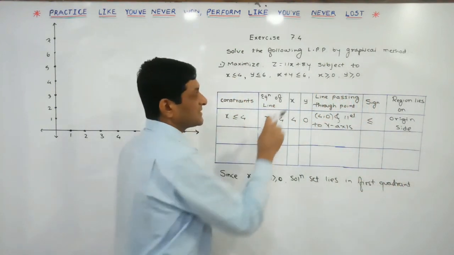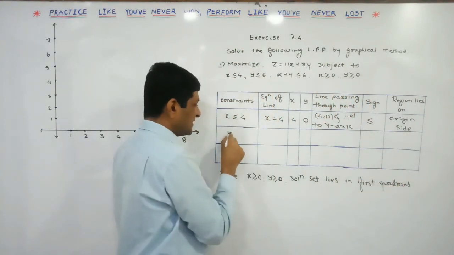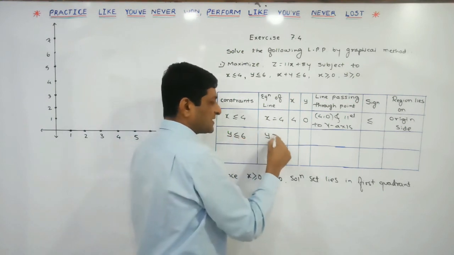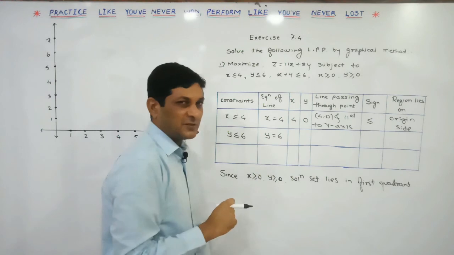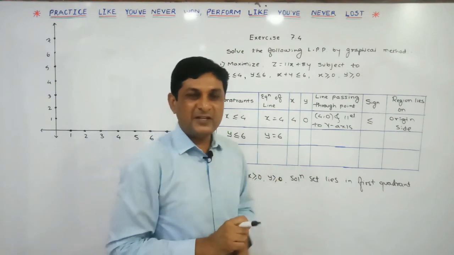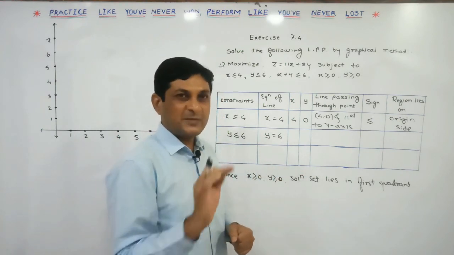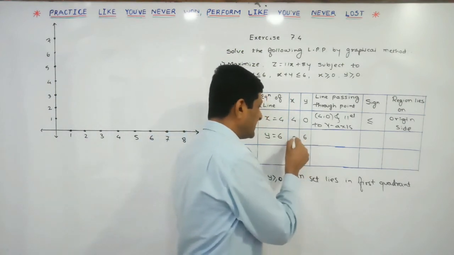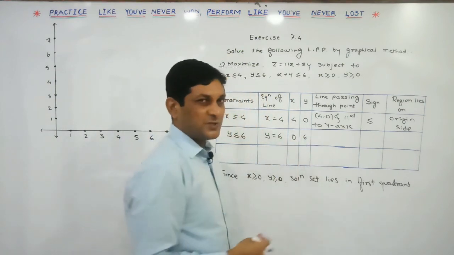Now consider the second constraint. What is the second constraint? Y is less than or equals to 6. To find out its solution set we have to construct the line y is equal to 6. When the equation of a line is y is equal to a constant, that line is parallel to the x-axis and passes through the point 6 on the y-axis. Take the x coordinate equal to 0.